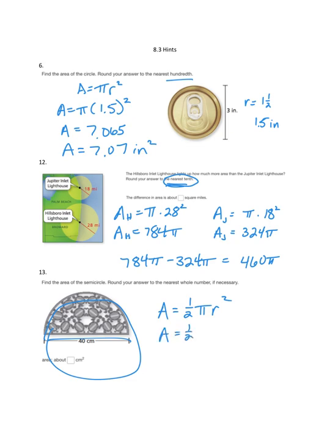So this will be 1/2 times pi times 20 squared. That's 1/2 times pi times 400, or we can simplify that further to 200 pi. And then I'm going to have you go ahead and use 3.14 for pi. It says to round your answer to the nearest whole number.